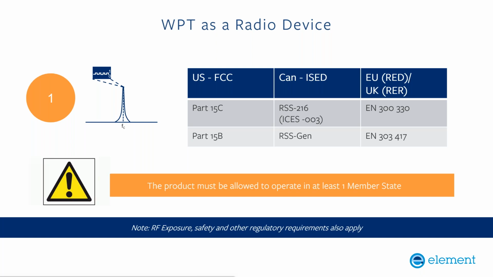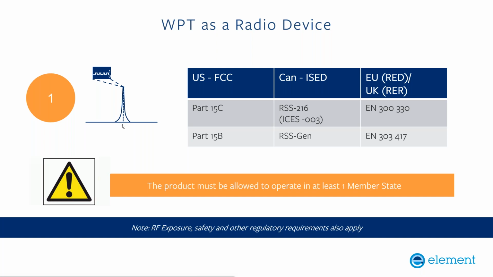In this particular example, typically the communication part of it will be covered by Part 15C, so the intentional radiator, and then the WPT device has lots of other digital electronics around it as well, and that bit of it would be covered under Part 15B. But fundamentally, where it's this intelligent type of charger, typically that's approved under Part 15C.